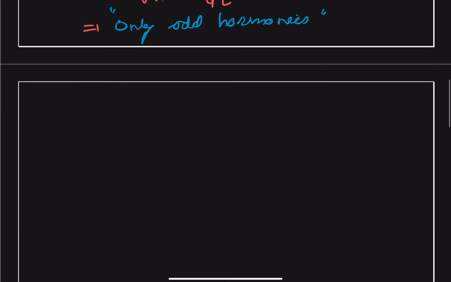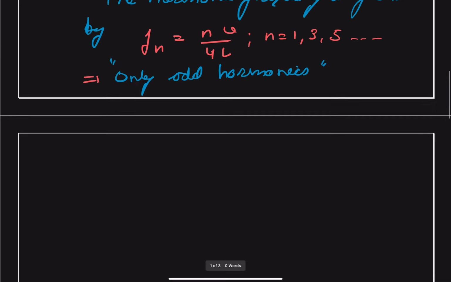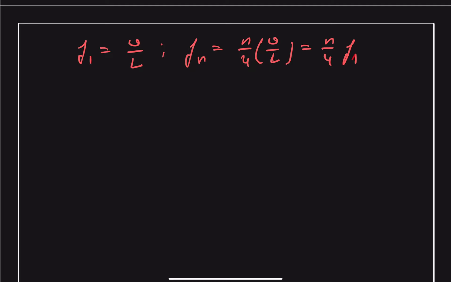In the question it is given that the closed pipe is at the nth harmonic, so there is no need to modify the equation. We found that our f1 is V upon L and our Fn is equal to n upon 4 multiplied by V upon L. Substituting the value of V upon L, this comes as n upon 4 times f1.